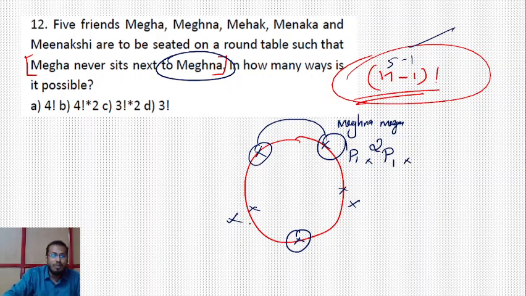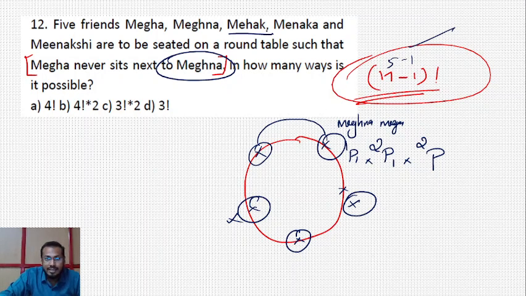So how many chairs are remaining? 3 chairs. Megha is seated, Meghna is seated, so the remaining 3 persons will be seated in the remaining 3 chairs. They can sit wherever they want. So 1 into 2 into 3 factorial.